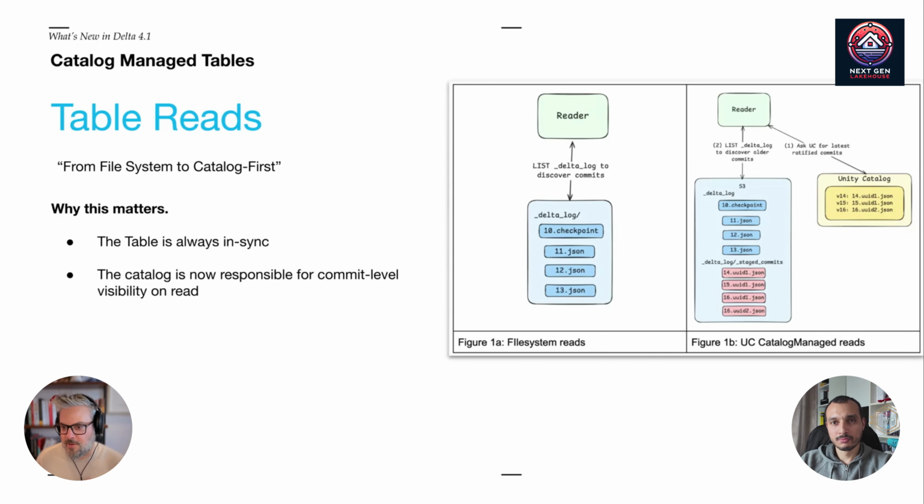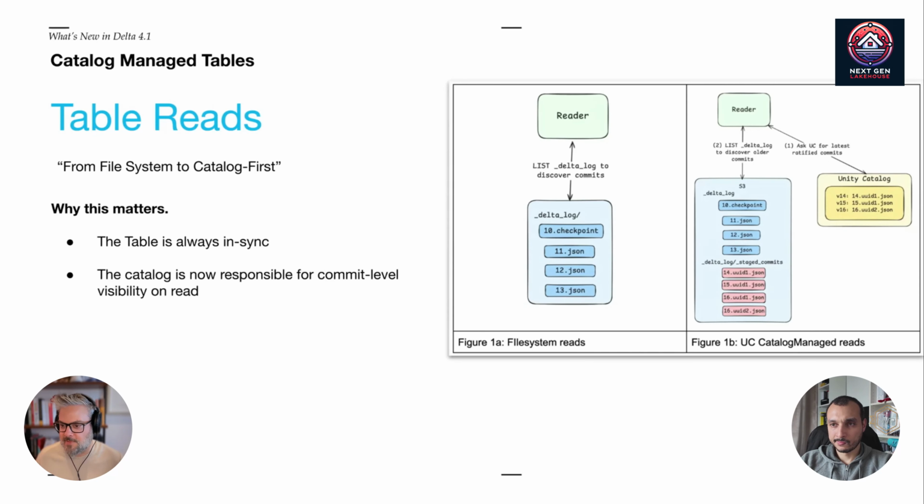If I'm a reader, I'm going to say, hey, Unity Catalog, I have this table. This is neat. I want to read from it. What can you tell me about it? And it's going to say, okay, I'm going to tell you exactly the same thing that Delta told you before, only now you're pulling that metadata back from UC. Unity Catalog tells you exactly where the Parquet files live, why you should care about them, and whether there's anything else you should know, like whether deletion vectors were involved.